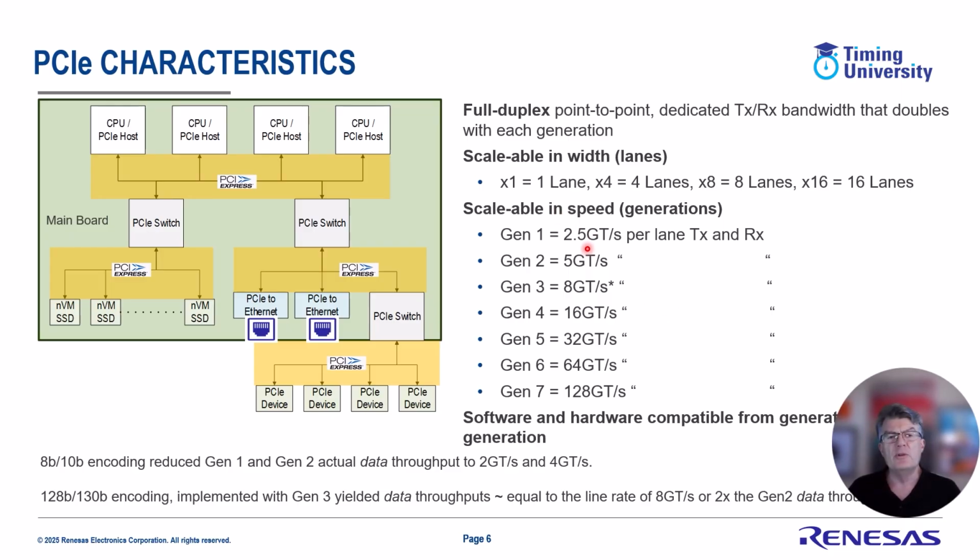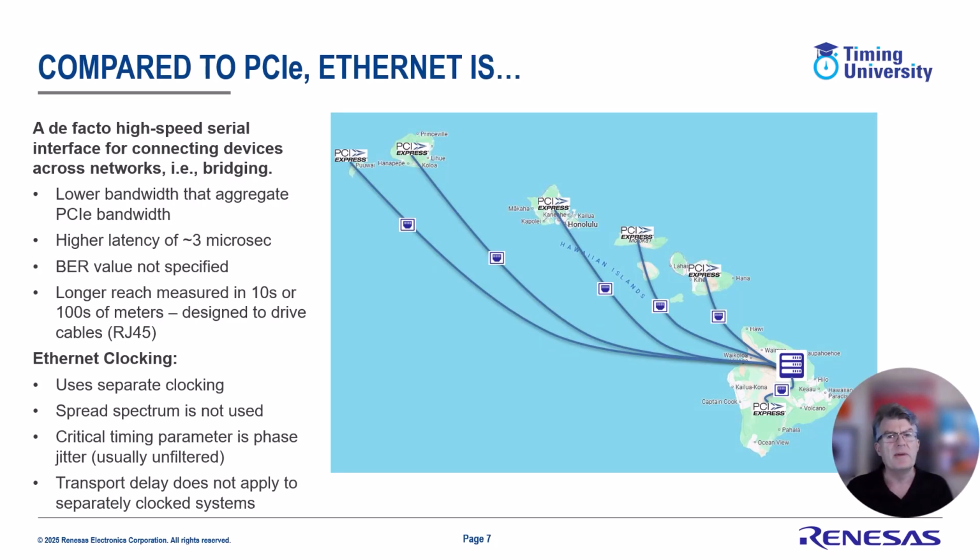So we had 2, 4, 8, 16, 32, 64, and Gen 7 is 128 gigatransfers per second per lane. So you can have up to 16 of any of these in the interface. The other thing about PCI Express, it is software and hardware compatible from generation to generation, which is one of its great strengths.